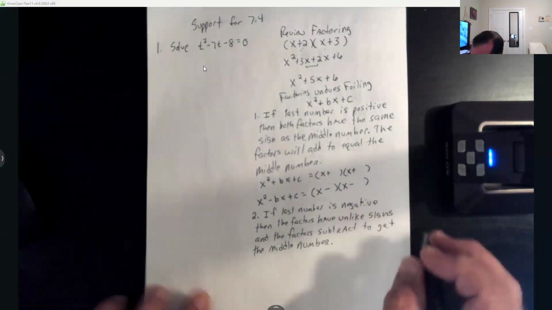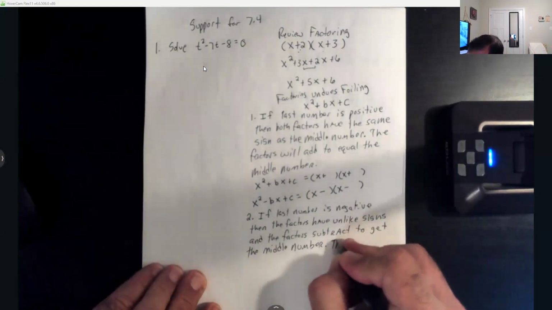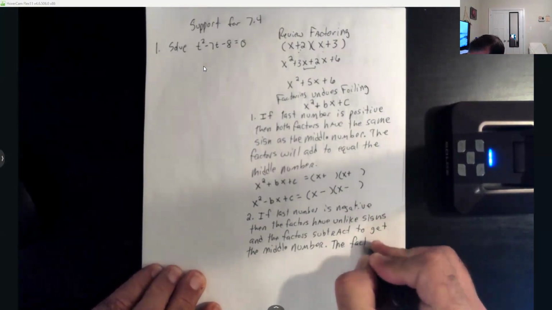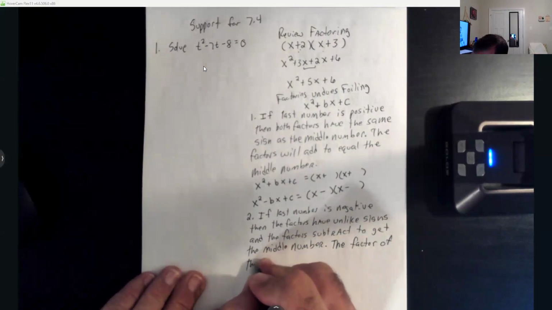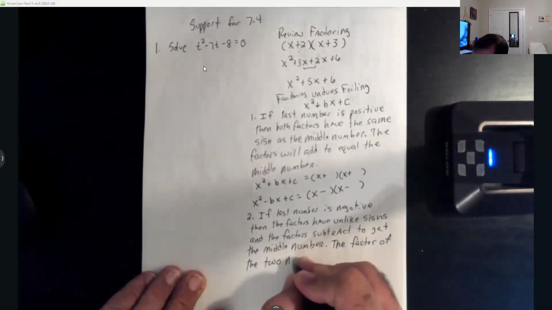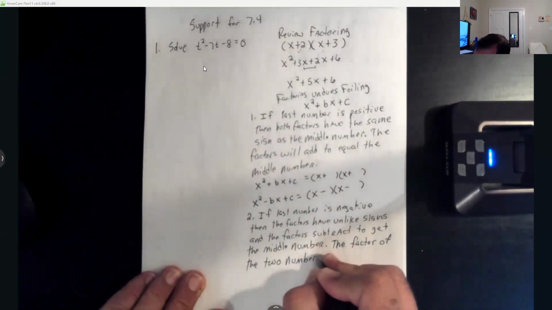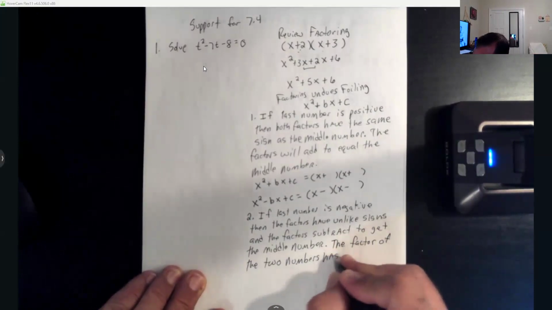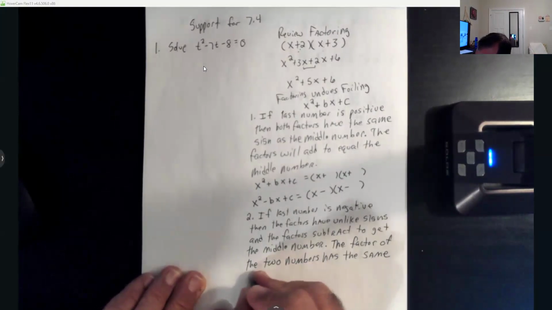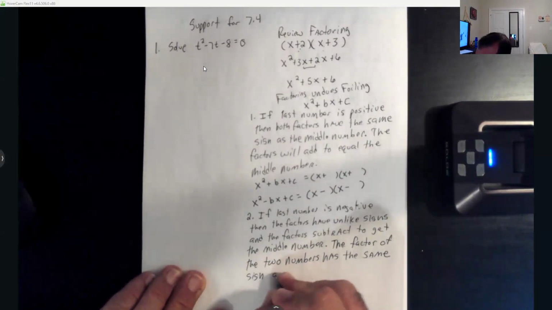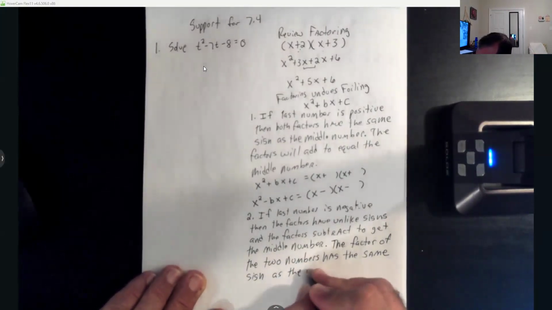Now, here's the thing. The larger factor of the two numbers has the same sign as the middle number.